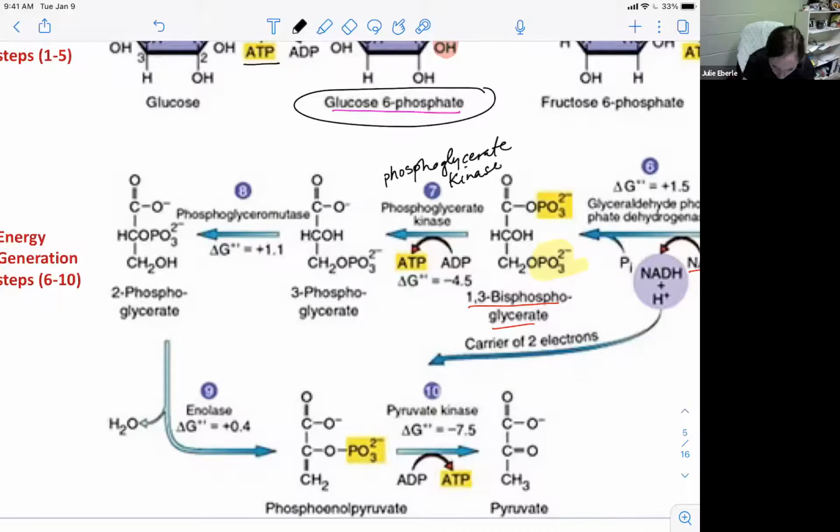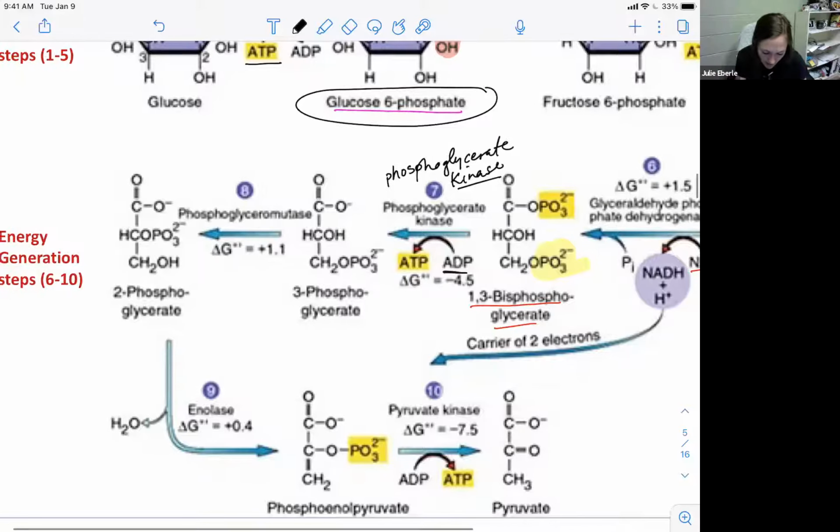I want to write this one out because this is a kinase, okay? And remember, kinase enzymes catalyze phosphorylation. So what are we phosphorylating here? We are going to phosphorylate ADP and make a molecule of ATP. This is our first generation of ATP on step 7. You can see the 7 there.